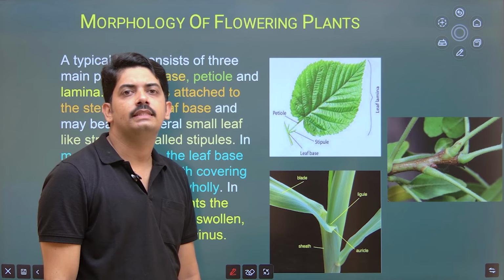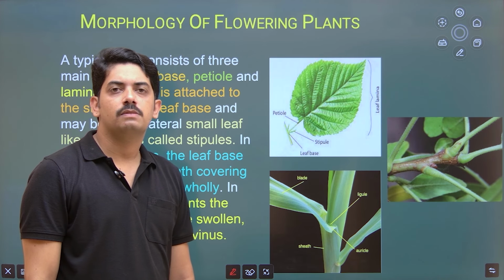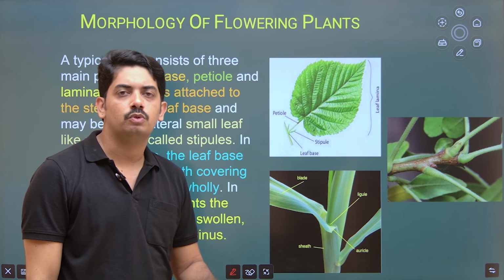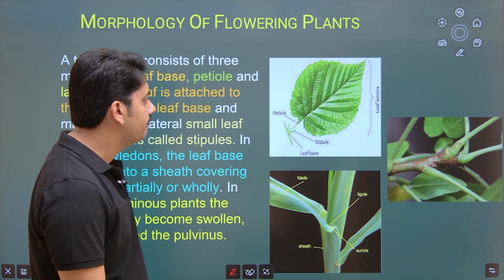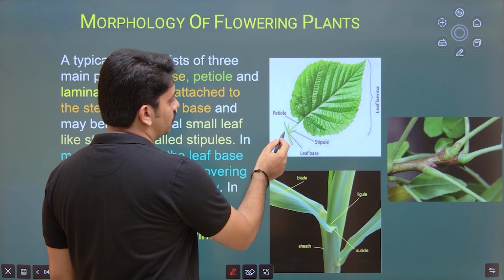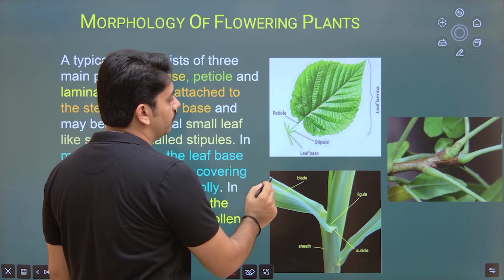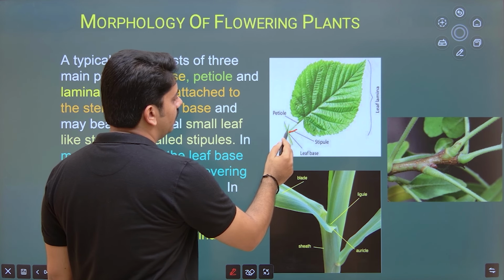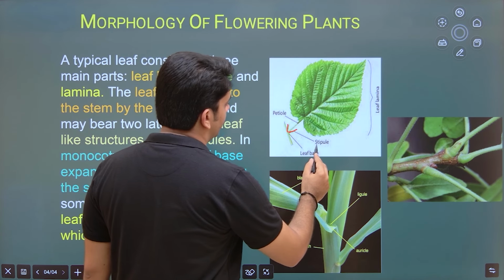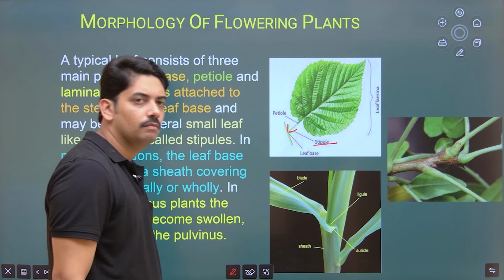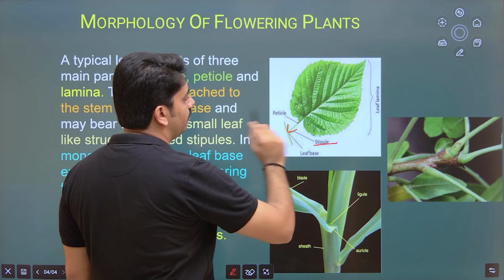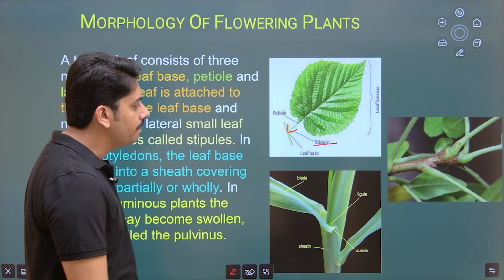Veins and veinlets mainly help in transportation of water as well as transportation of food from the leaf to the other parts of the plant. One more important thing, here you can see leaves are attached to the stem with the help of petiole, and this small leaf-like structure present at the base of the leaf we call stipule. So this entire part is leaf lamina, mainly involved in photosynthesis.